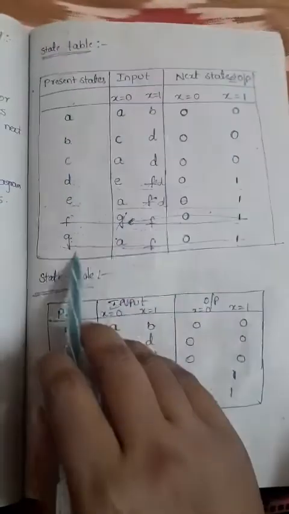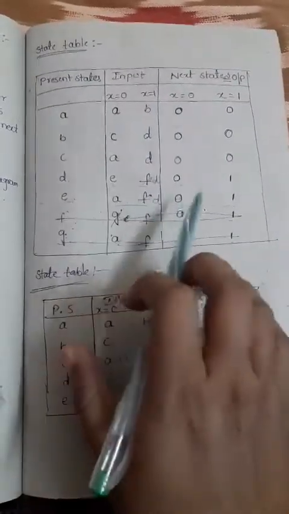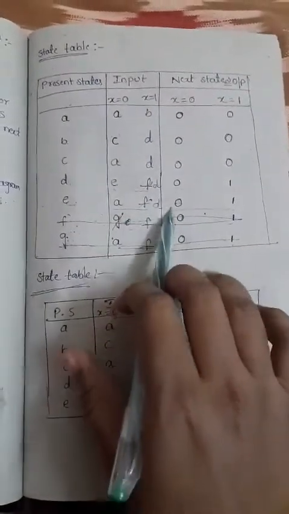I will show an example here. If you want to reduce the state table, any two states must be similar. Just look at G and E: here AF and there AF, in the previous case, 0 1 0.